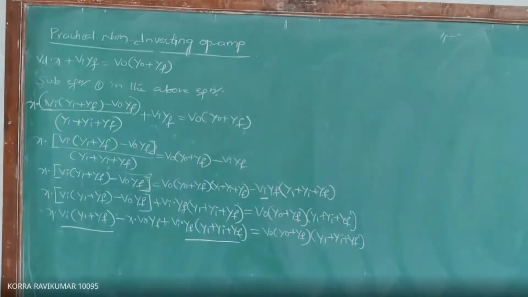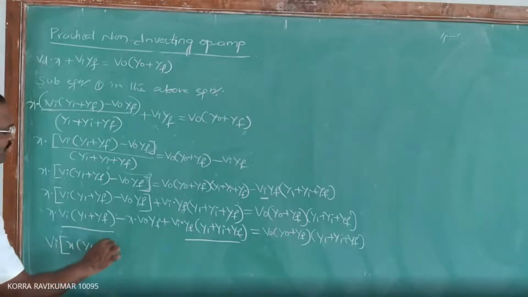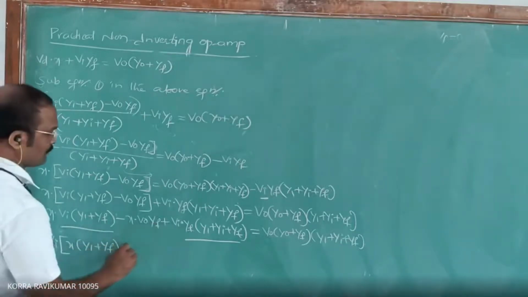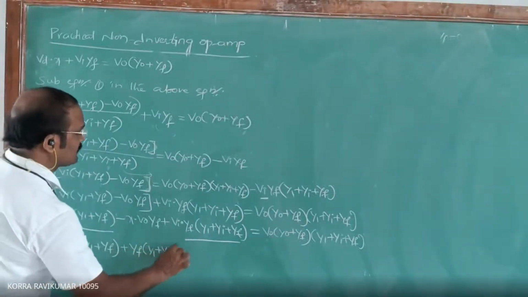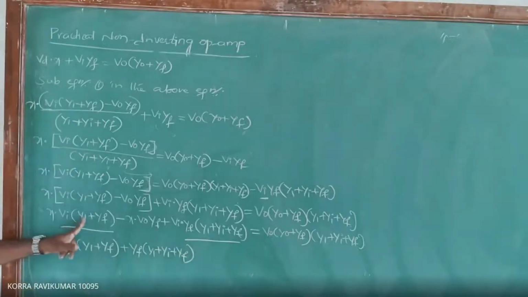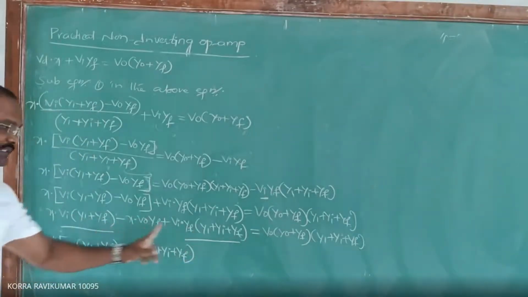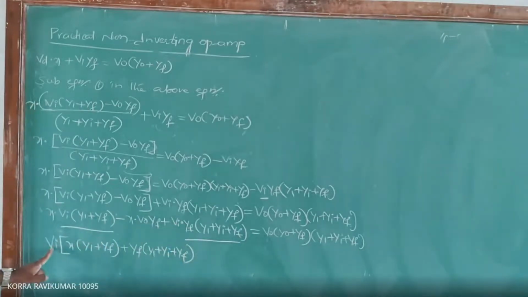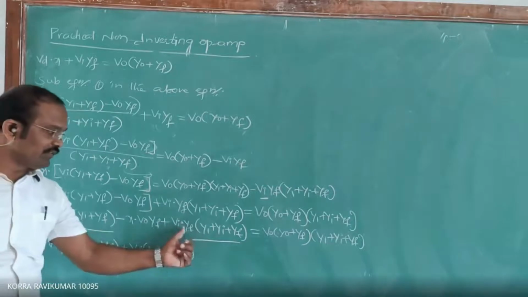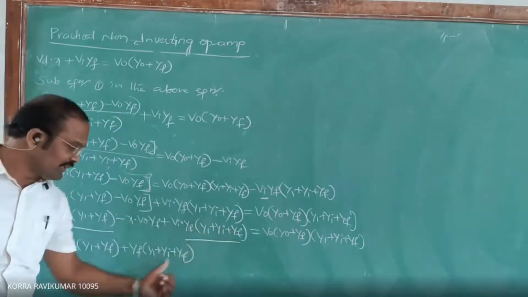If you take Vi as common from these two terms, then the equation becomes Vi of x into (Y1 plus Yf) plus Yf into (Y1 plus Yi plus Yf).